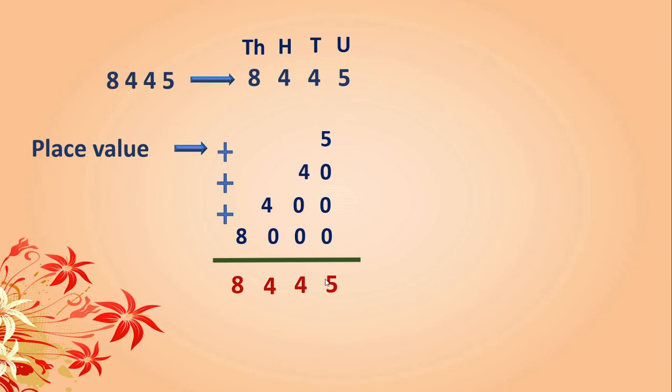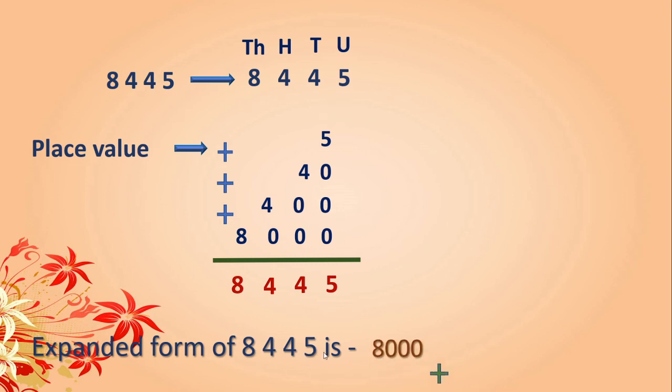So what we did here, this is expanded form of 8445. It is nothing but 8000 plus 400 plus 40, right, plus 5. Means if we write in this form or in this form, the number will remain same. Only the form changes.